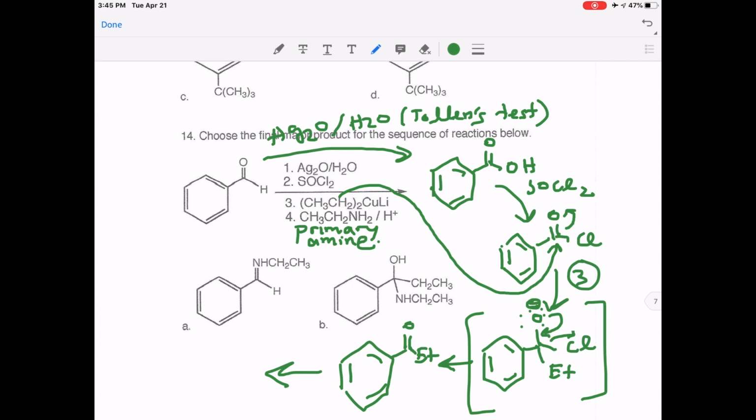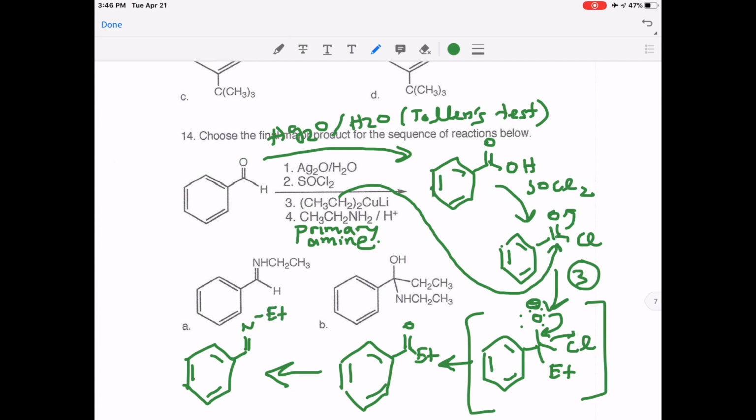When we add a primary amine, especially to a carbonyl compound, under acidic conditions, you can think of it as the oxygen being removed and being replaced with a nitrogen, or a part of the primary amine that was added. So what we end up with is, instead of having an oxygen as part of this double bond, we have a nitrogen and the ethyl group attached to it.